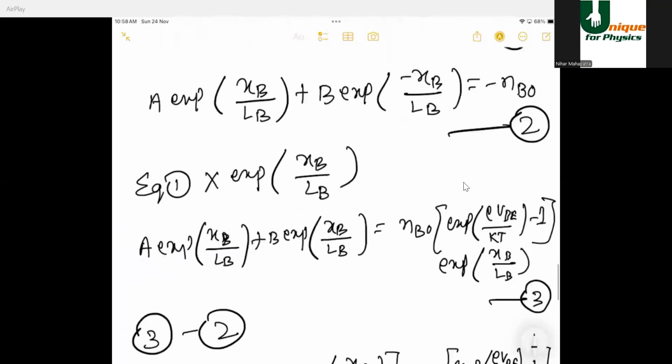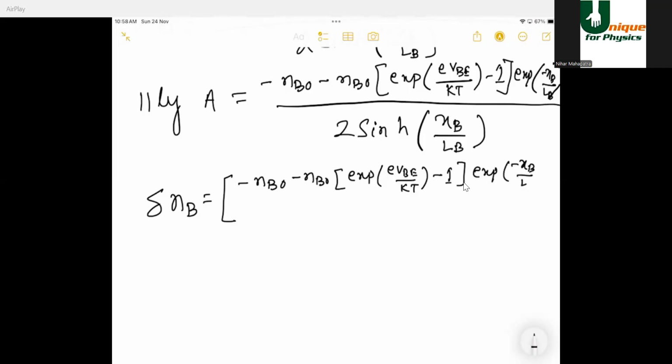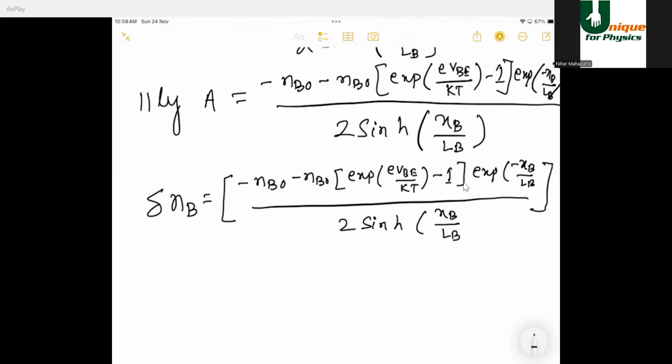So we have delta nb as minus nb0 exponential of e vbe upon kt minus 1, e to the power minus xb upon lb, whole divided by 2 sinh of xb by lb, which we determined for our A, multiplied with the general solution term, exponential of x by lb.